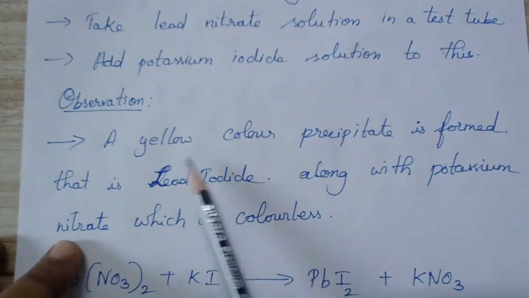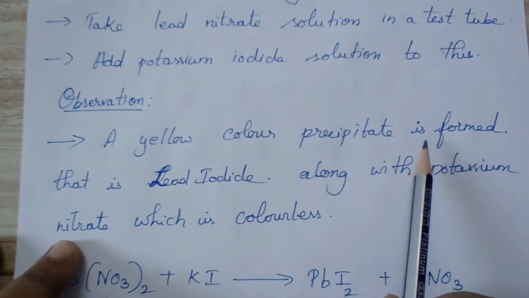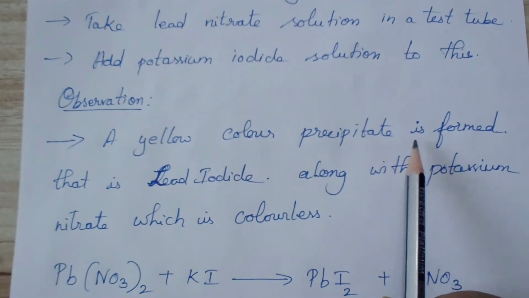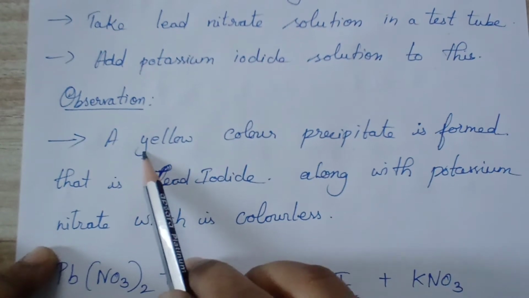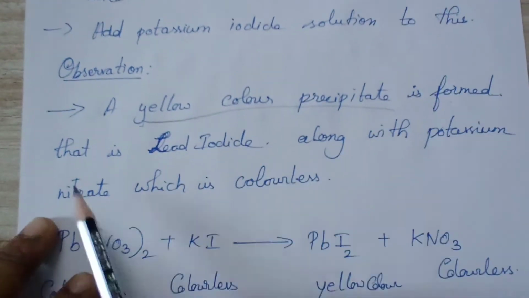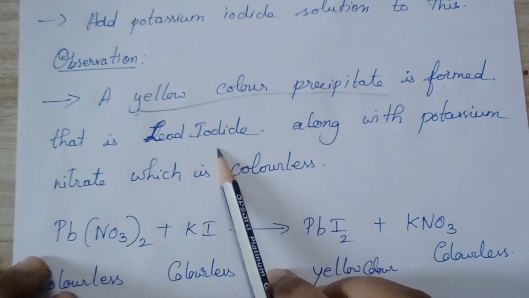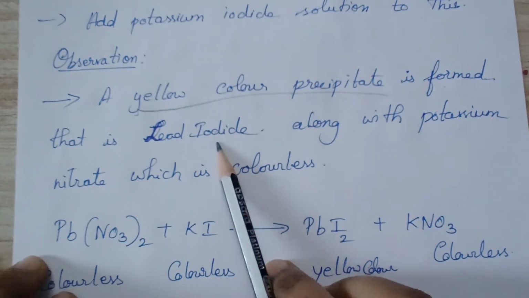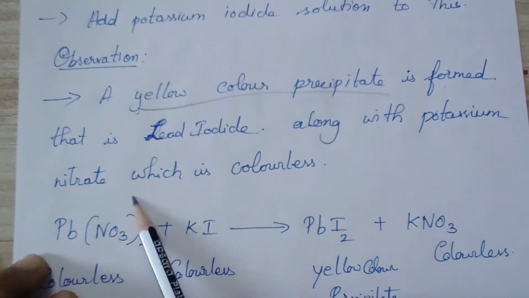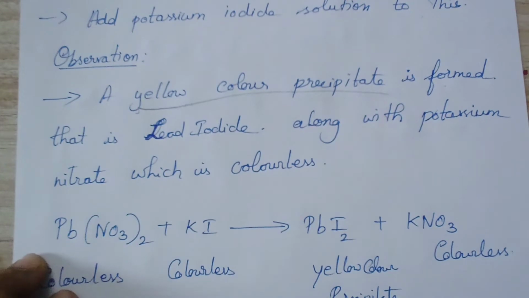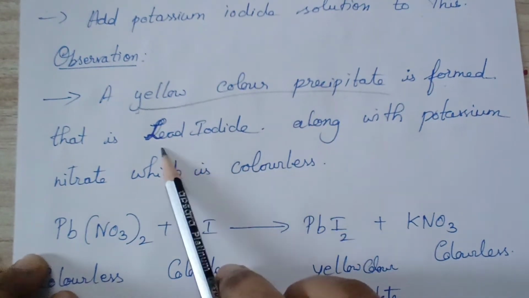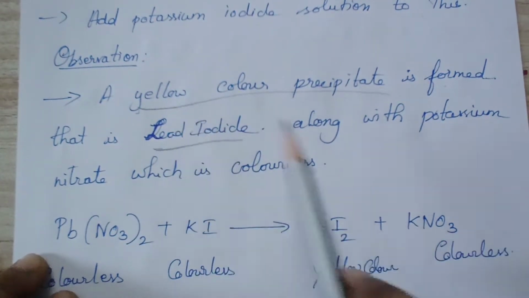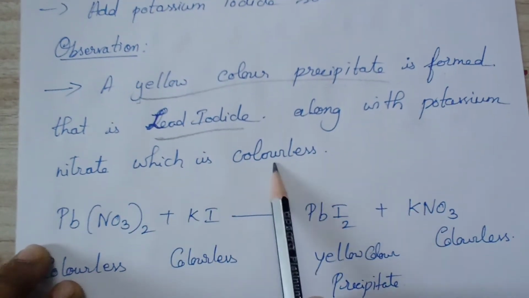A yellow precipitate is formed, an insoluble substance. The yellow precipitate is lead iodide, along with potassium nitrate, which is colorless. This lead iodide is yellow in color, whereas potassium nitrate is colorless.